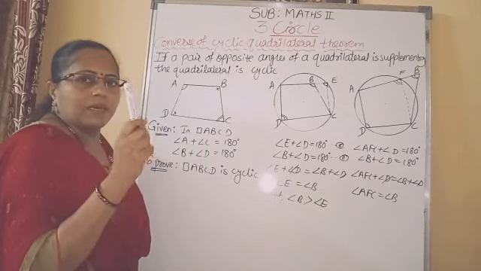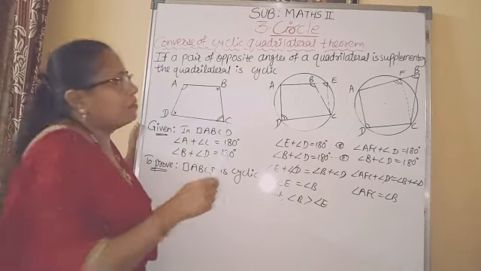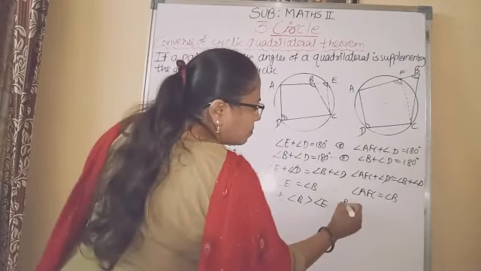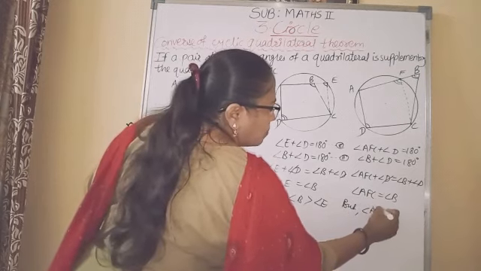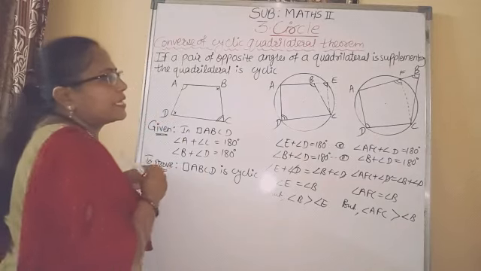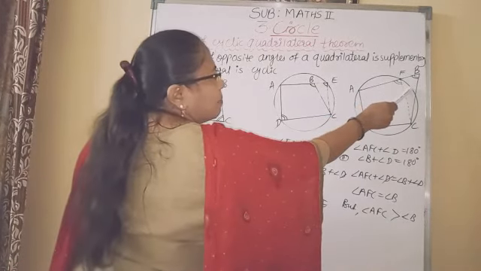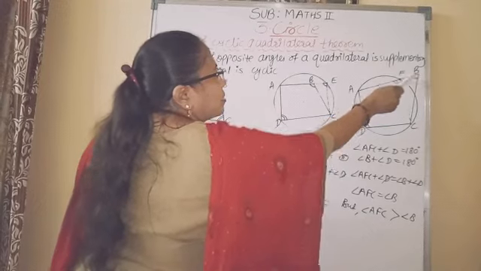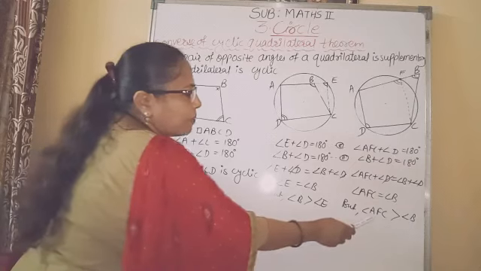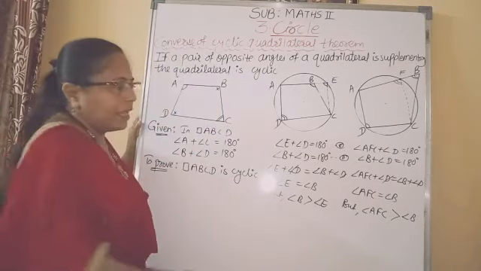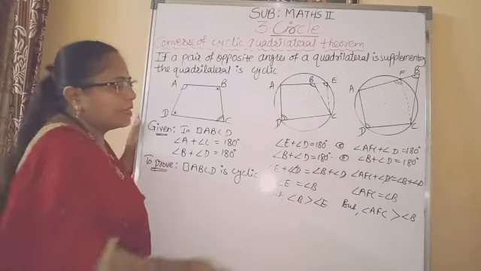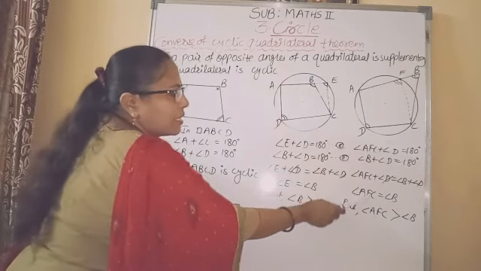So again from the exterior angle theorem, angle AFC must be greater than angle B, because angle AFC is the exterior angle of triangle BFC and angle B is its remote interior angle. So according to the exterior angle theorem, it must be greater than angle B. And what we got here? Angle AFC is equal to angle B. So again the contradiction arises.